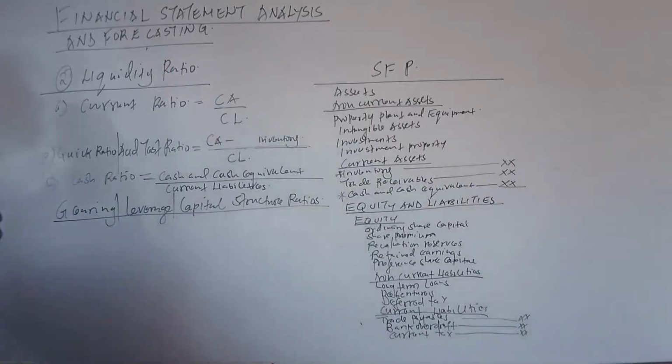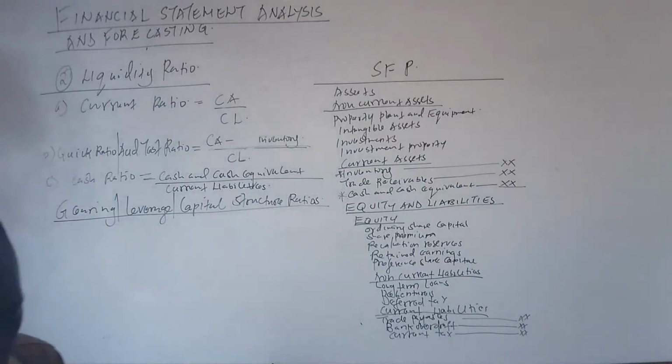Write the answer: they indicate the extent to which the company has borrowed fixed return capital to finance its assets.